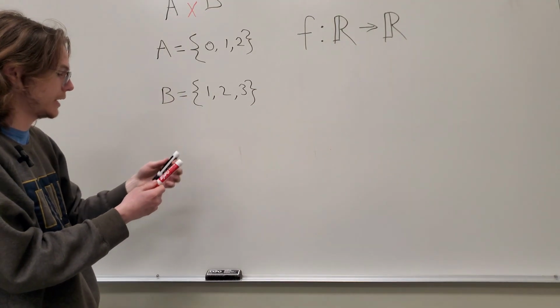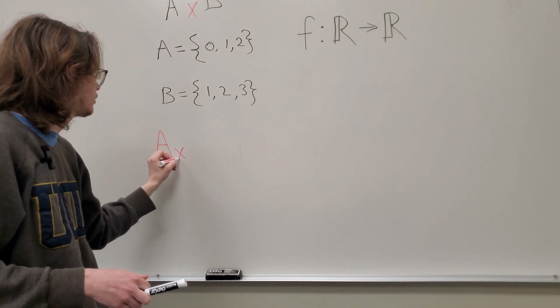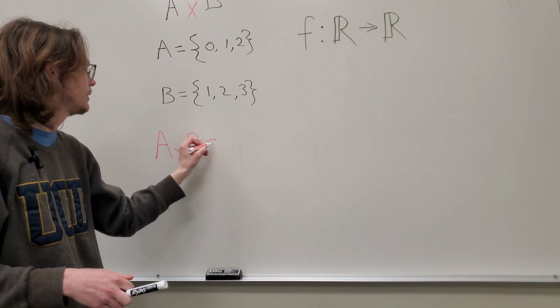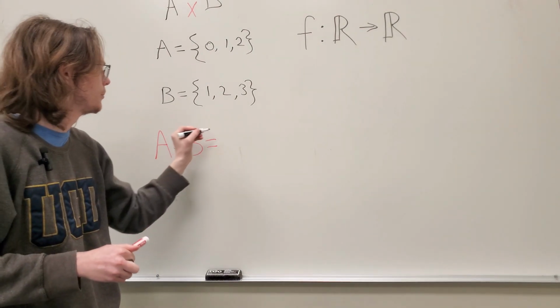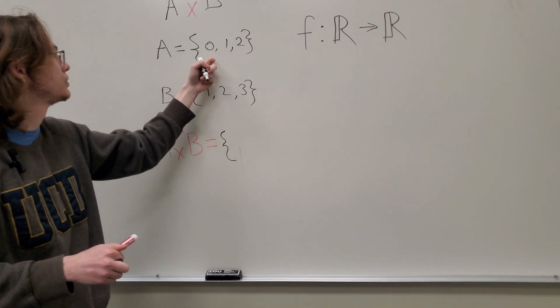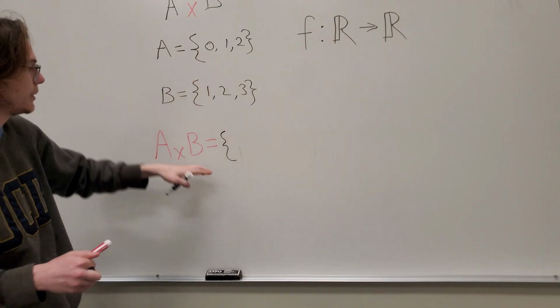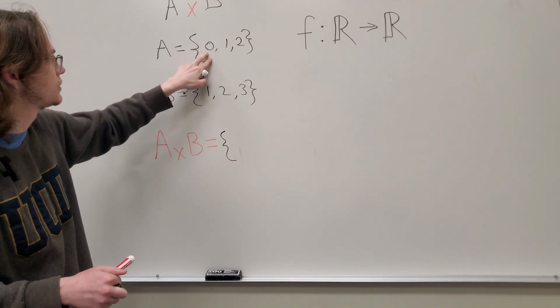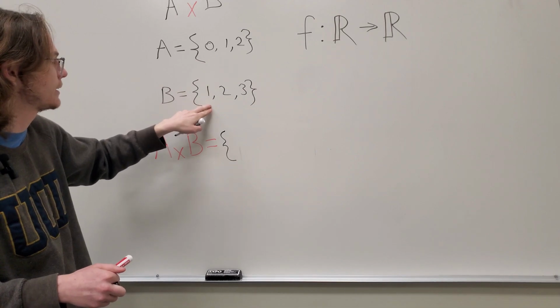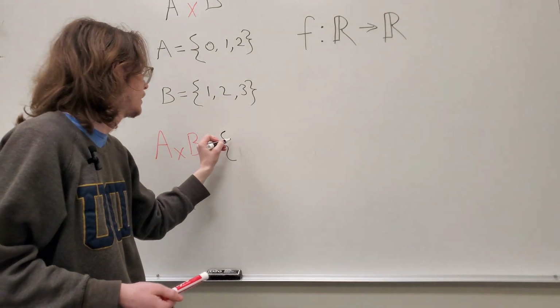And so when we cross A with B, the resulting set A cross B is equal to the set of, again, the tuples, each element in A crossed with each element in B. So the first element of A cross B is going to be this first element here and the second element in a tuple, or an ordered pair in this case.